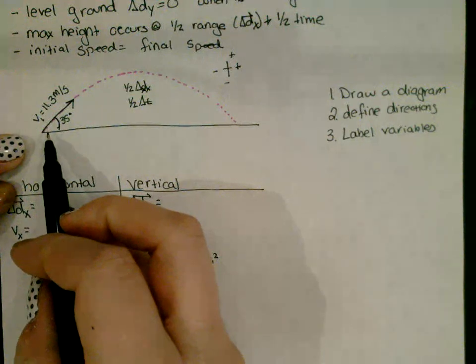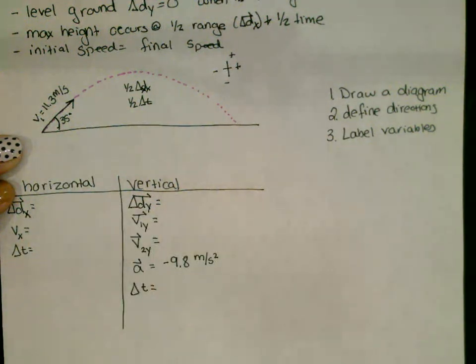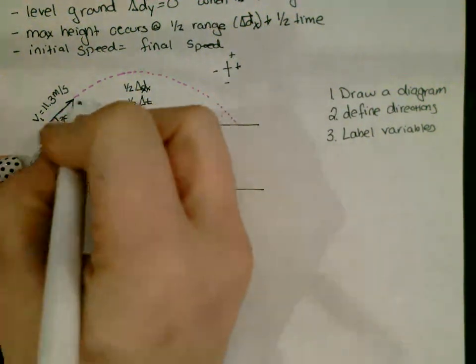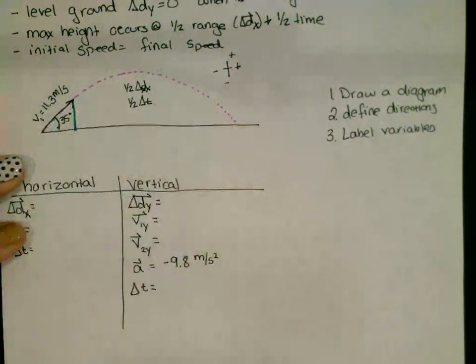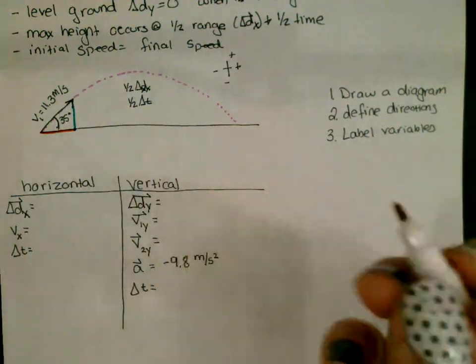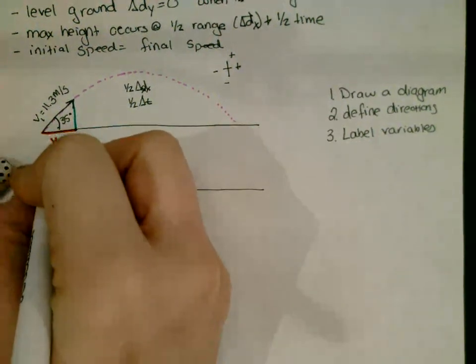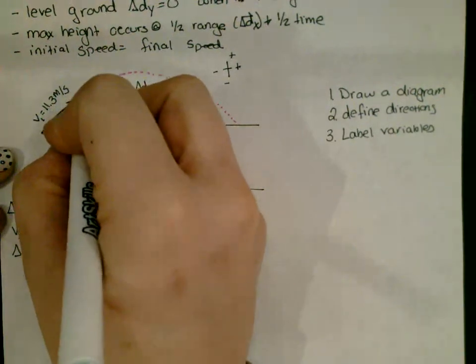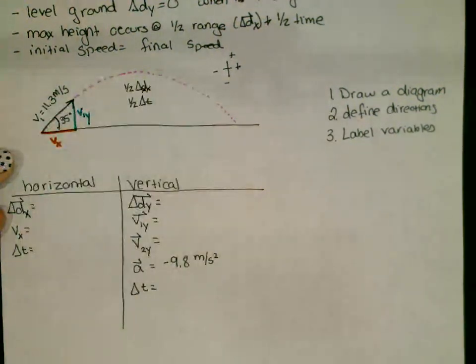We have an initial vertical velocity. And I said before that we can combine every vector into x and y components. So I'm going to divide this initial velocity, and I'm going to find my x velocity, and I can find my v1y from this initial velocity.